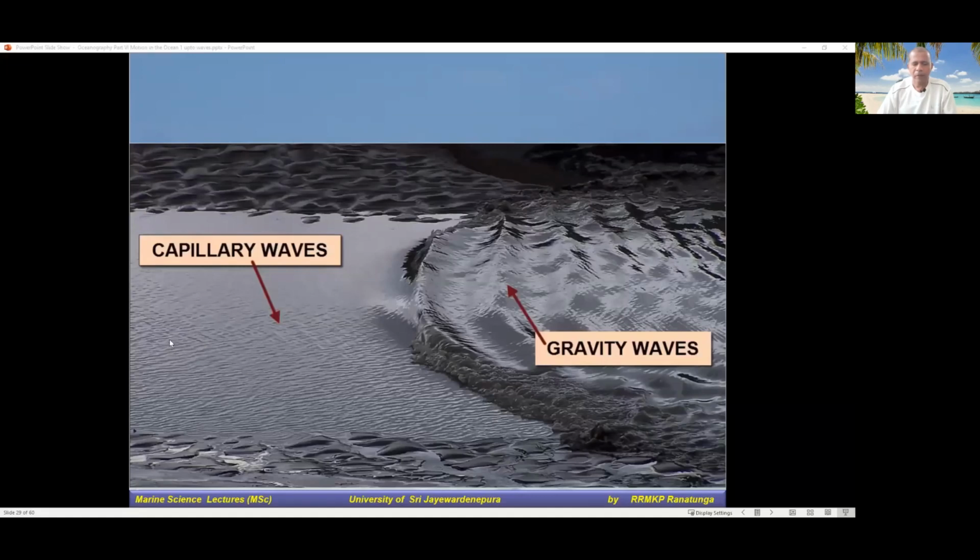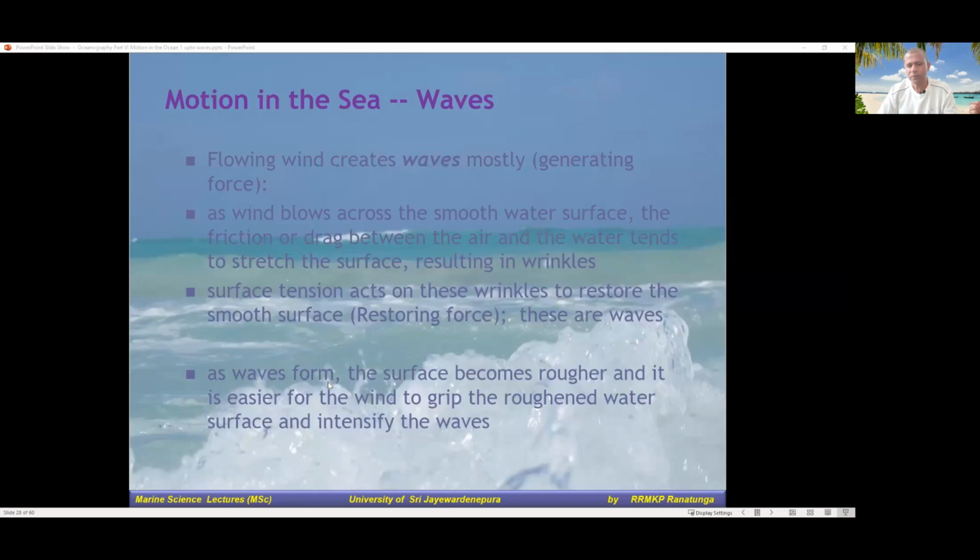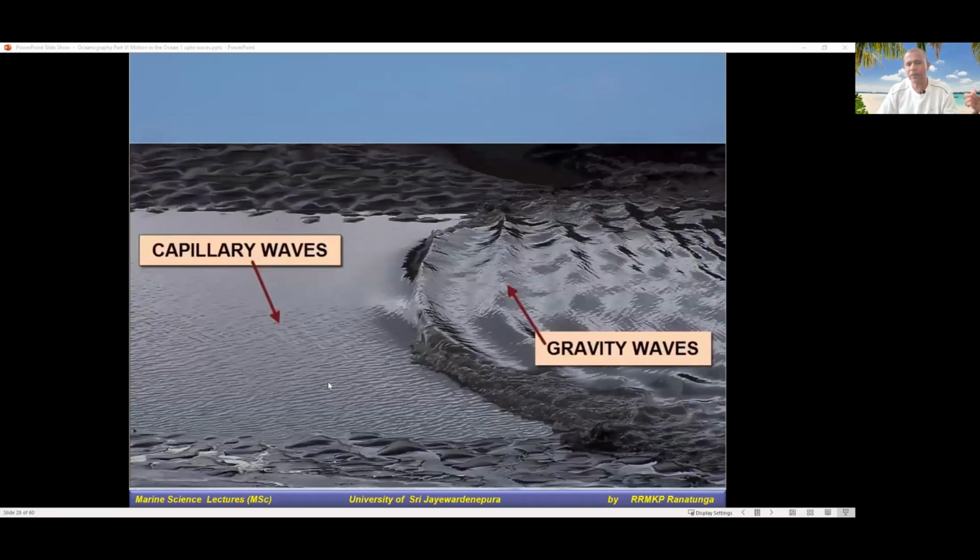How are these wrinkles formed? The wind is trying to drag the surface water, but there is a force against that. It's called the restoring force, and that is because of the surface tension.